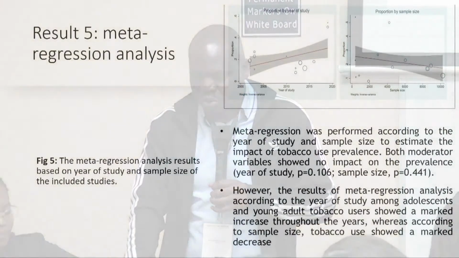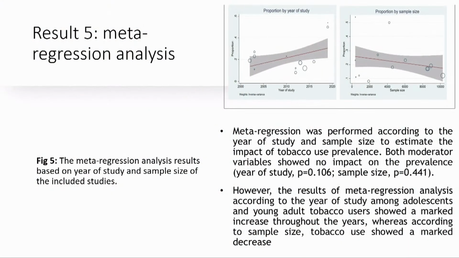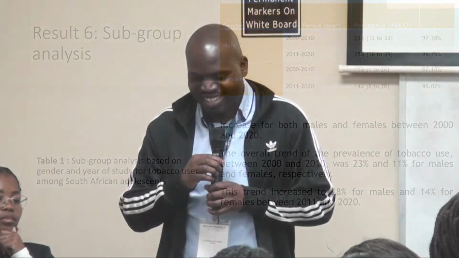Also, meta-regression analysis was used, and both moderators, which were sample size and year of study, showed no impact on the pooled prevalence. The subgroup analysis also shows that there was an increase for both males and females between the years 2000 and 2020.